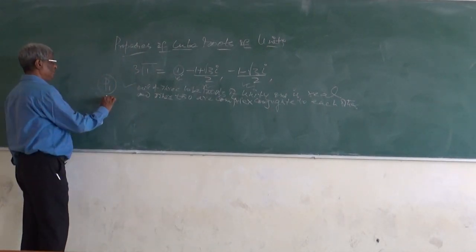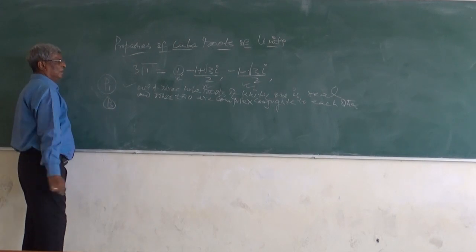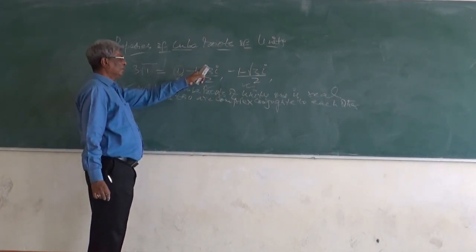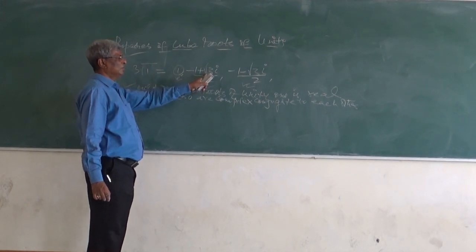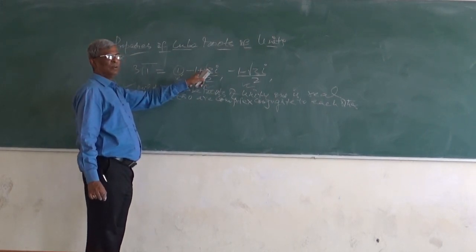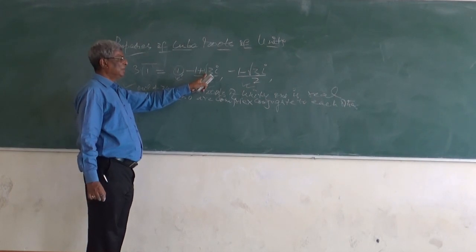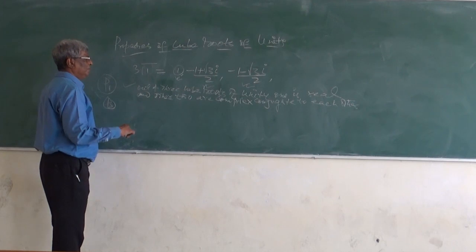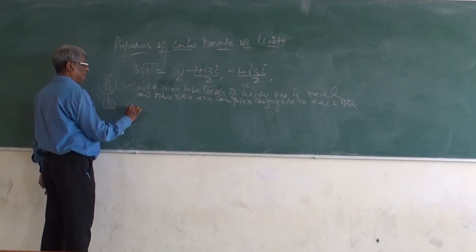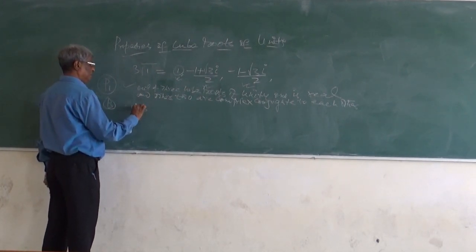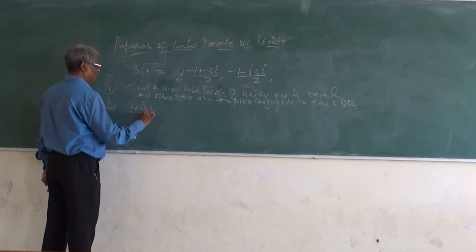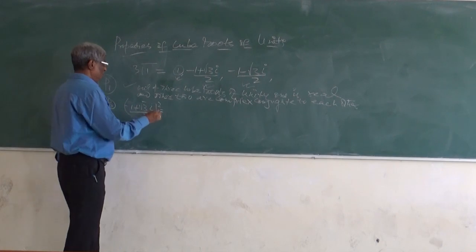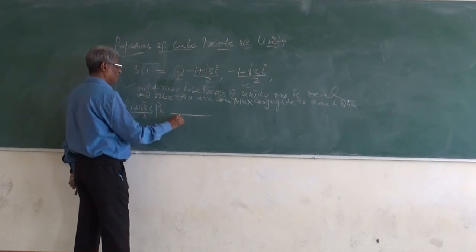And property 2, please see. The square of one complex root of unity is equal to the other. So how will it be proved? You can write minus 1 plus root 3 iota divided by 2, whole square. The denominator will be 2 square, means 4.